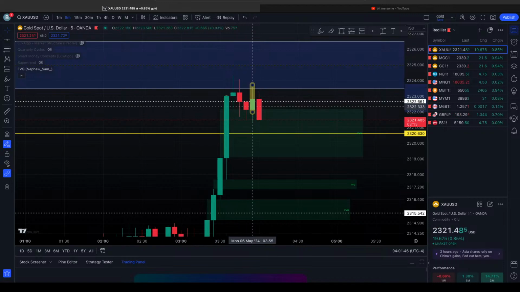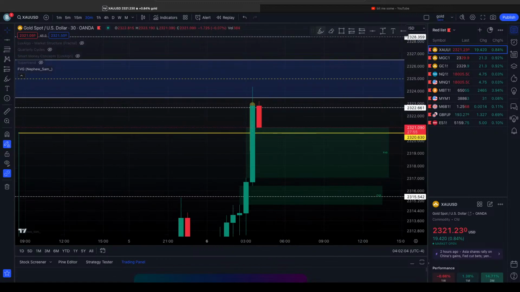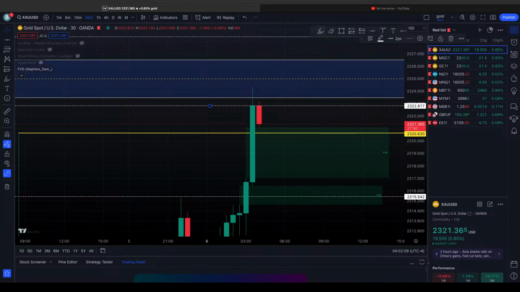If it were to go like this, then it would tell me most likely it's going to continue up. But since this is the candle that broke the high of this candle, but it couldn't break the high of this one, that told me most likely it's going to keep going down like that. And there was the move that I was expecting, exactly at this level, right here at the break of this candle.